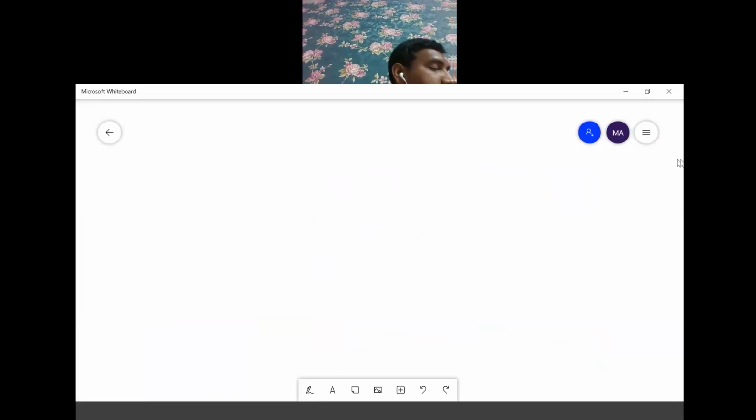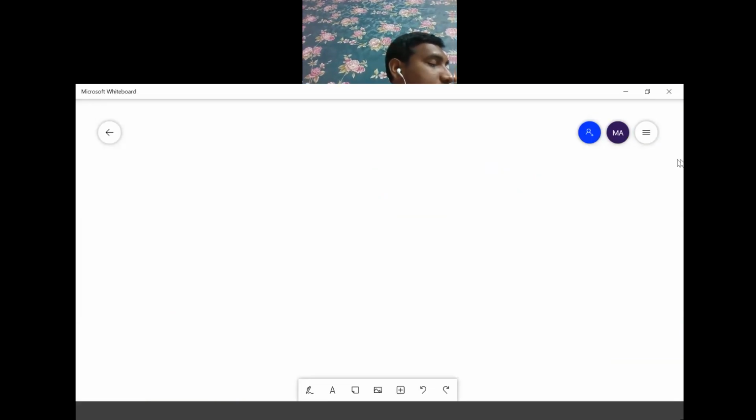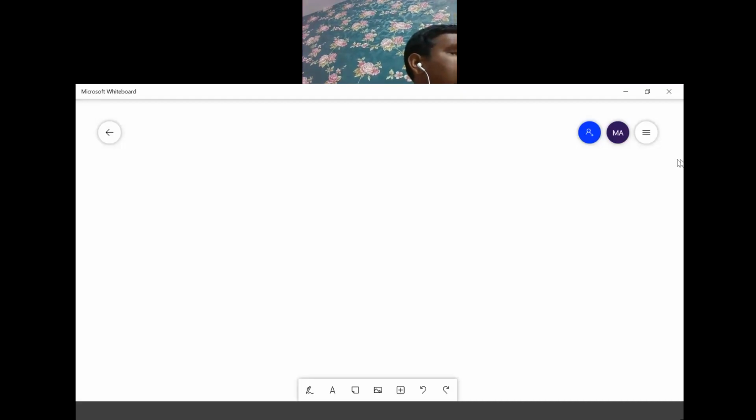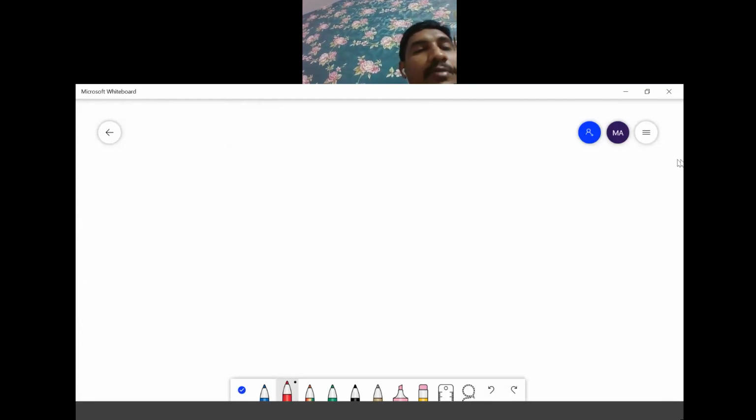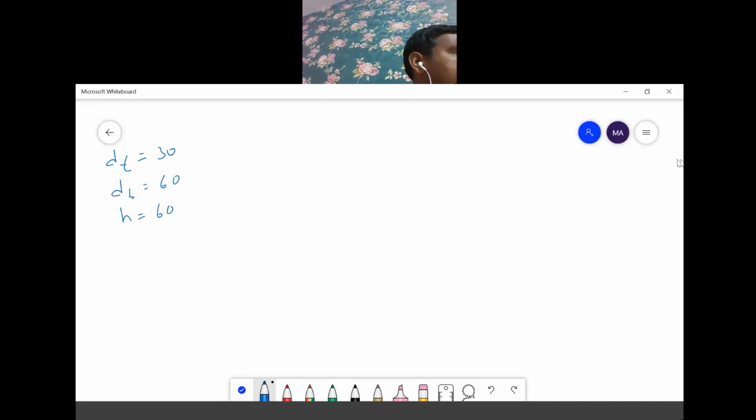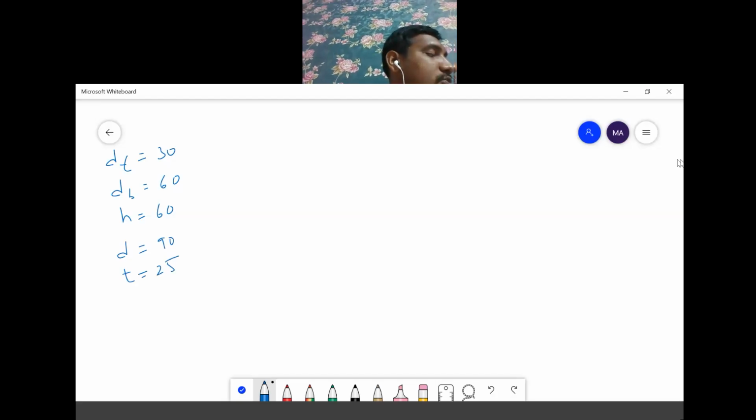Okay, the next problem is: a frustum of a cone, 30 mm top diameter, 60 mm bottom diameter and 60 mm long, is placed vertically on a cylindrical block of 90 mm diameter and 25 mm thick, such that both solids have the common axis.